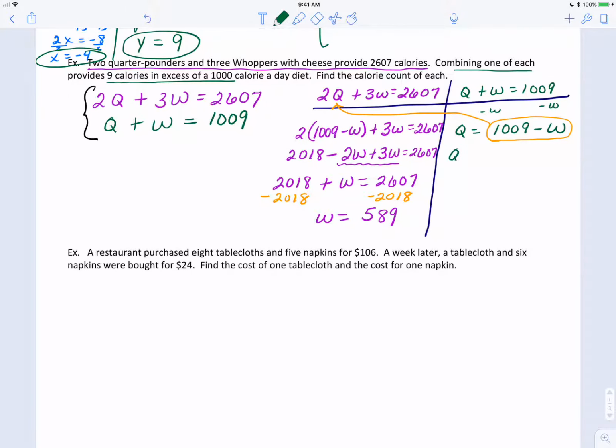So the Quarter Pounder now is 1,009 minus W, which we now know is 589 because we just substitute that in on that side. So 1,009 minus 589, a Quarter Pounder has 420 calories.